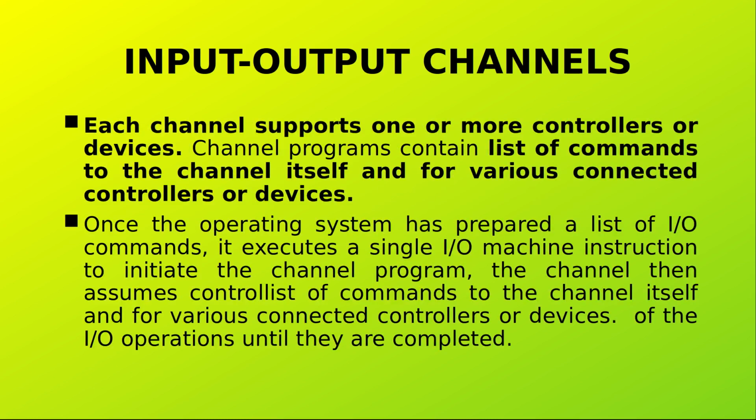Finally, each channel supports one or more controller devices. The controller consists of a list of commands, and various connected devices are attached to this controller. Once the operating system has prepared the list of input output commands, it executes a single input output machine instruction to initiate the channel program.